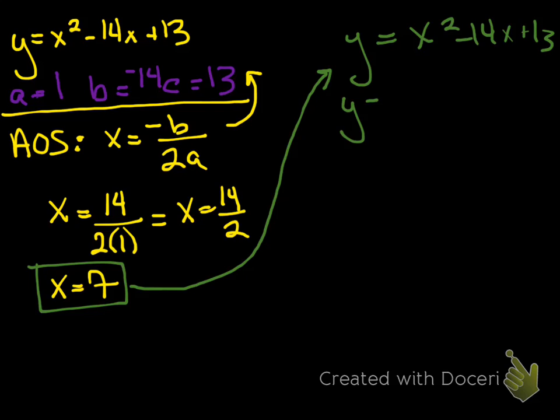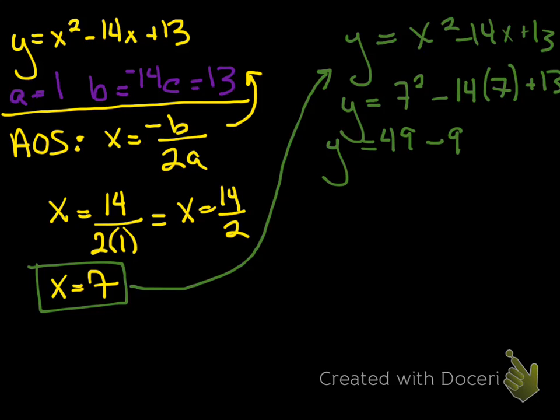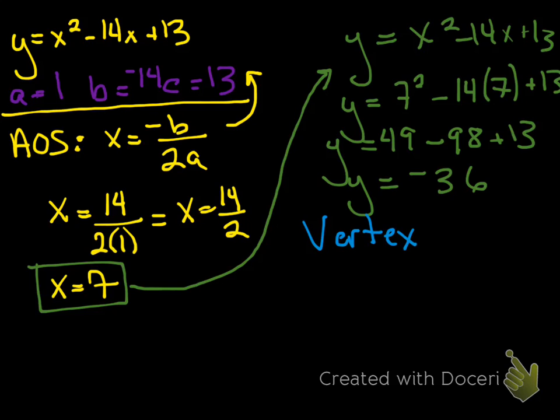So we have y equals 7 squared minus 14 times 7 plus 13. 7 squared is 49 minus 98 plus 13. And if you do that, you get -36. Right, so that means that your vertex is (7, -36).